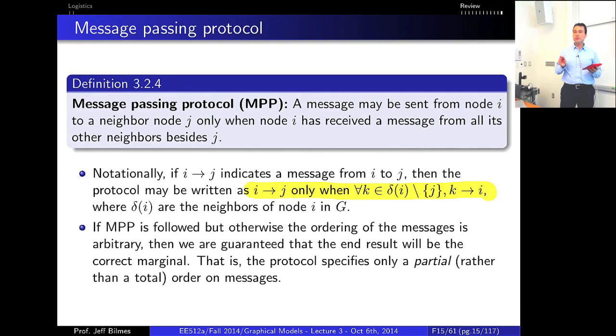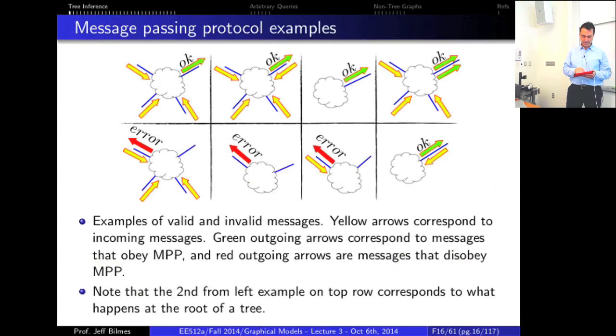And this protocol then defines a partial order on messages. We can think of this from the mathematical perspective of summing out and marginalizing variables, or as a purely graph theoretic set of arrows. But no matter what order we do this in, as long as we respect the message passing protocol, we will get the correct marginal.